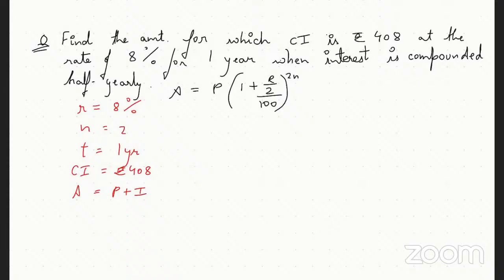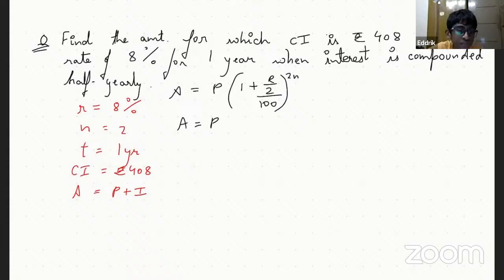So amount I don't know, so A as it is. Principal also I don't know, P as it is. First, what I'm trying to do, I'll explain you. I'm trying to derive an equation out of this formula, and then that equation we are going to use to calculate your principal. Ma'am, a linear equation?